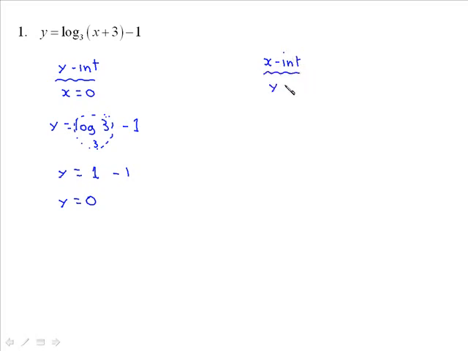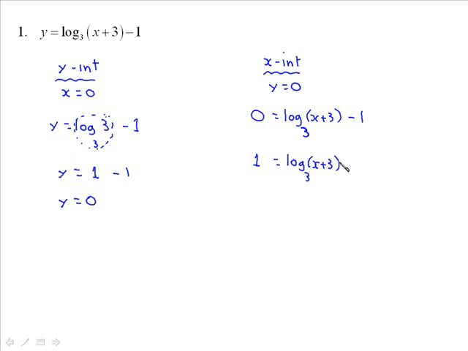we set y equal to 0. So 0 is equal to the log of x plus 3 base 3 minus 1. Isolate the logarithm as we did before with simple log equations. 1 goes to the other side, and then this is the log of x plus 3 base 3.